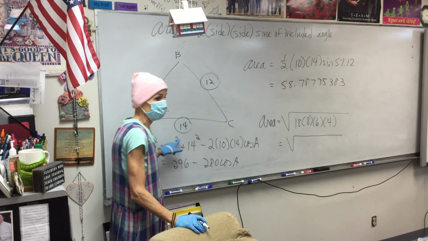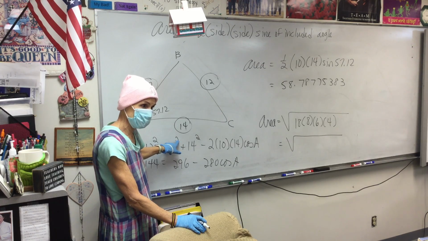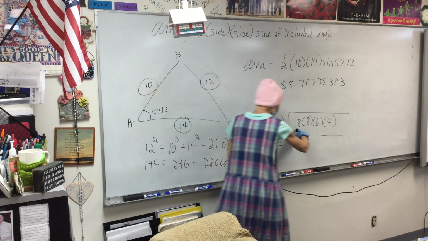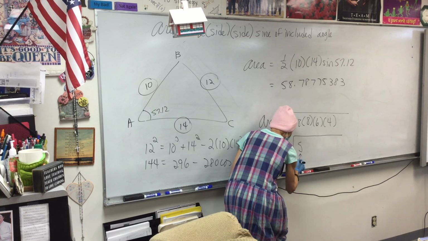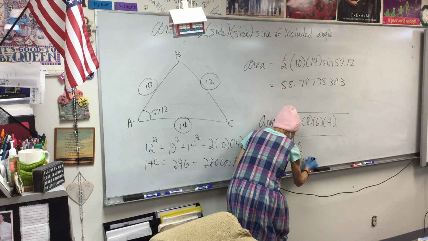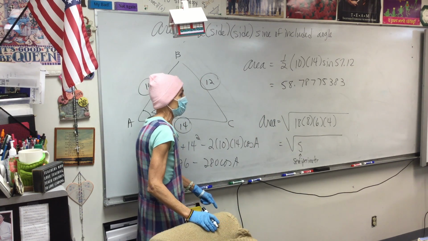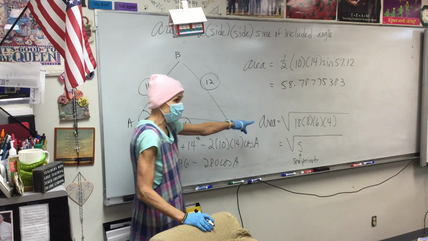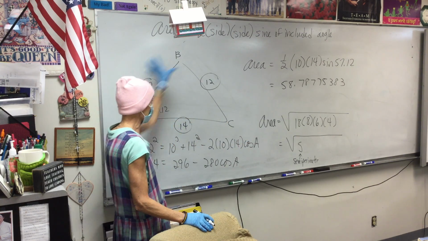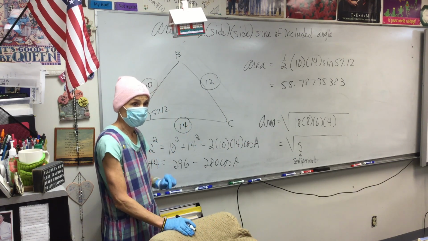What's the perimeter? 36. What's half of 36? That number right there is called the semi-perimeter. Half the perimeter. So that 18 came from taking the perimeter divided by 2.